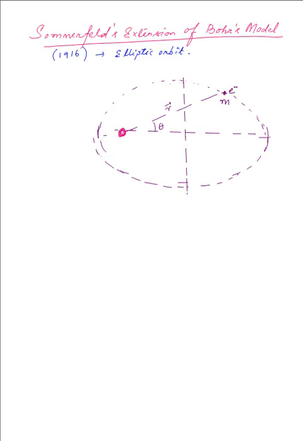The nucleus has a charge of plus Ze, Z being the atomic number, so the number of protons within that nucleus. This is the semi-minor axis, indicated by b, and the semi-major axis is indicated by a.